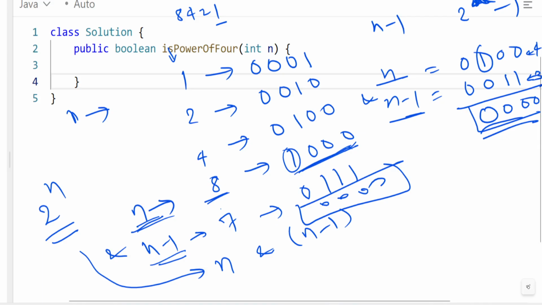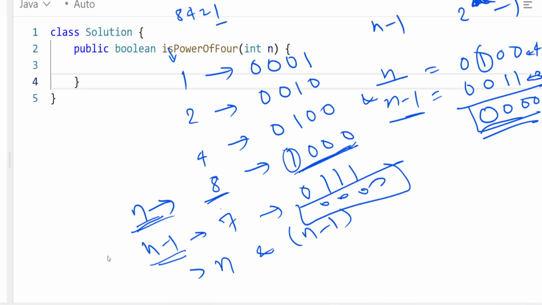Now understand another thing. Let's suppose the number is not a power of 2. If I take 0 1 0 1, this is your 5, which is not a power of 2. If you take n minus 1, what do you get? 0 1 0 0, which is your 4.